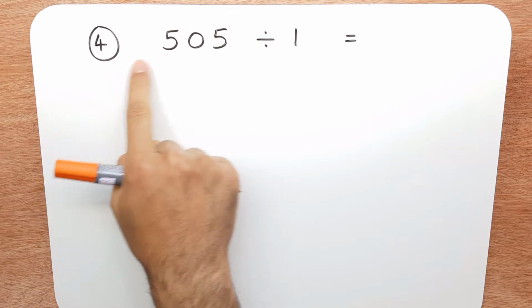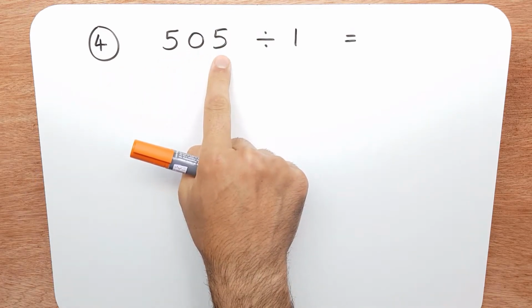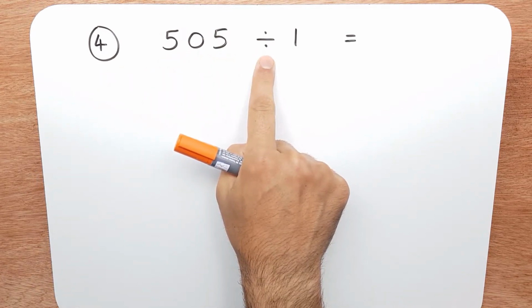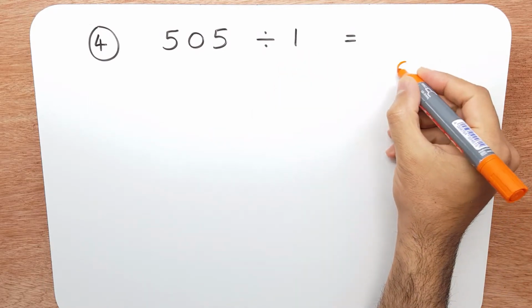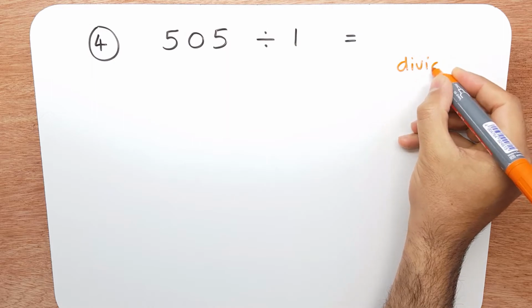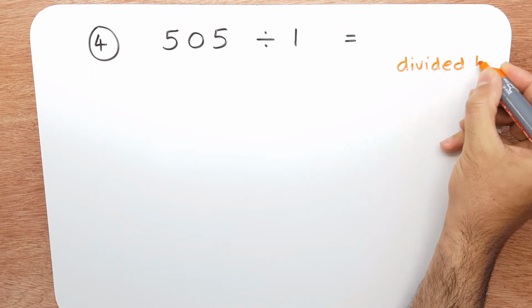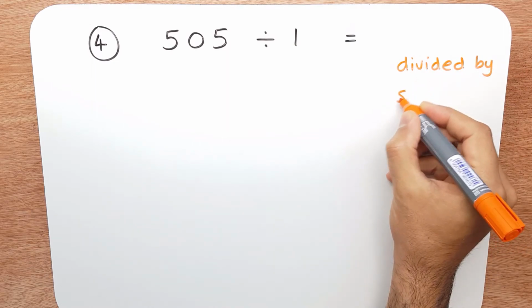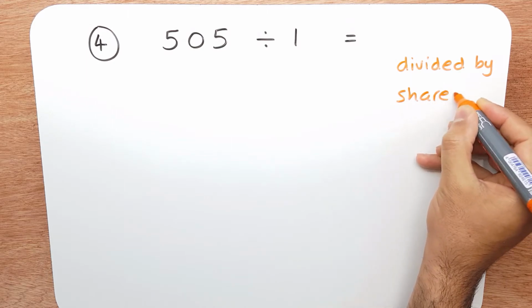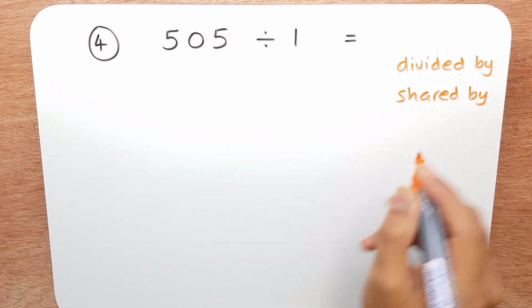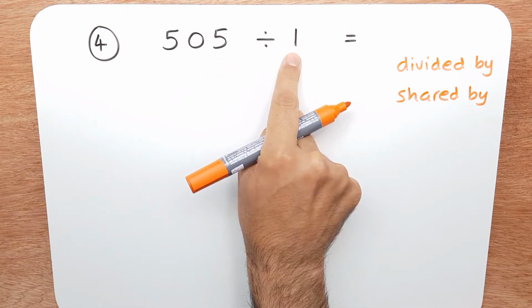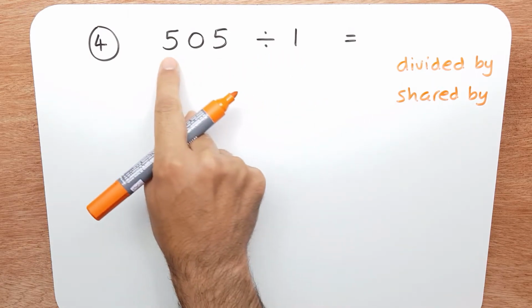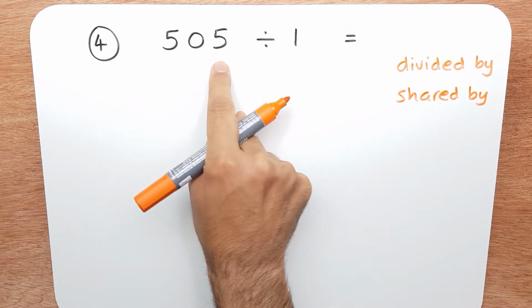Question 4 is 505 divided by 1. And divided by is the same as shared by. And whenever you divide a number by 1, the answer will always be this number here.